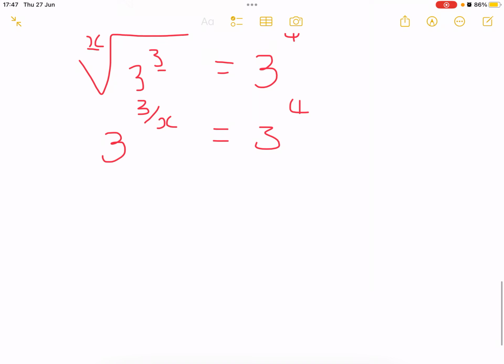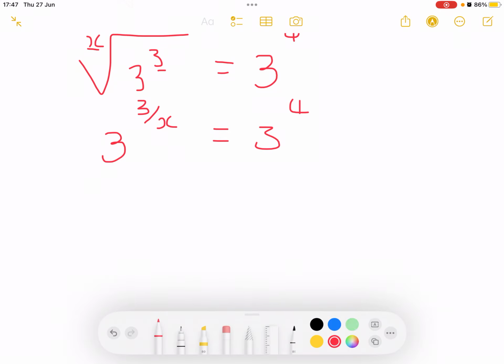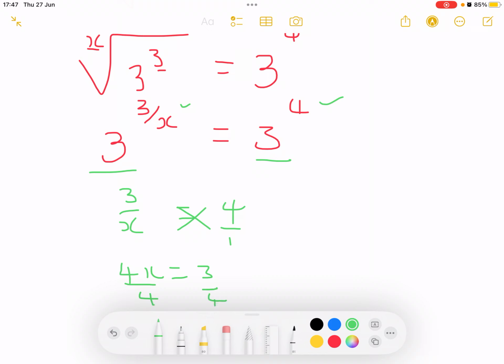And now, since the two bases are the same, it means the exponents are also the same, and the same means equal. So 3 over x will be equal to 4, and when we do cross multiplication, we get 4x is equal to 3, and divide both sides by 4.